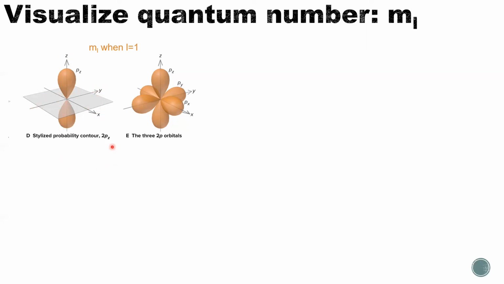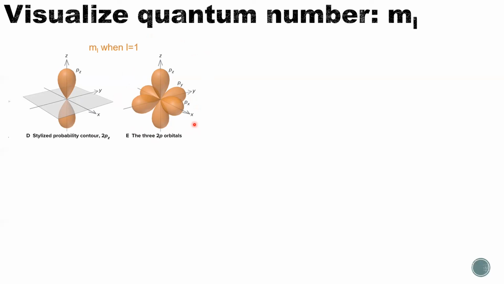So for a p orbital, when L equals 1, m sub L can be -1, 0, +1, right? That corresponds to 3 different orientations, along x, along y, along z. If you draw a schematic including all p orbitals together, you will see 3 different p orbitals joining together to form all the possible orbitals under L equals 1.